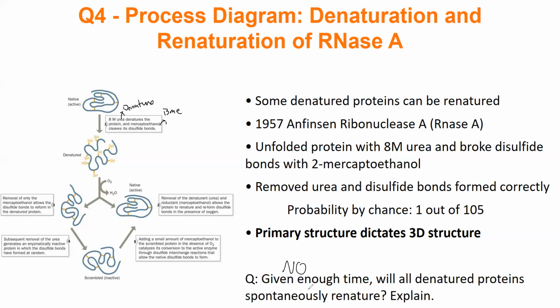The primary sequence of a protein is what dictates the 3D structure of that protein. All right, so any questions about the Anfinsen experiment or any of the information that we went over today?